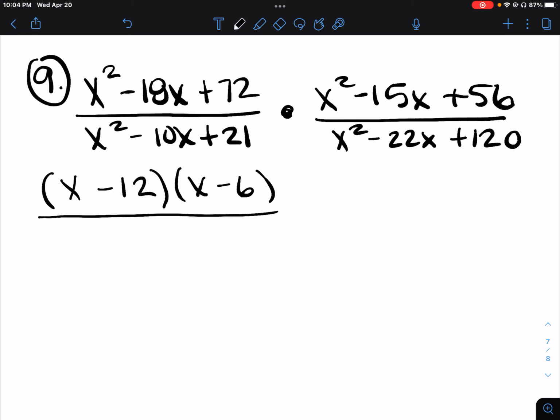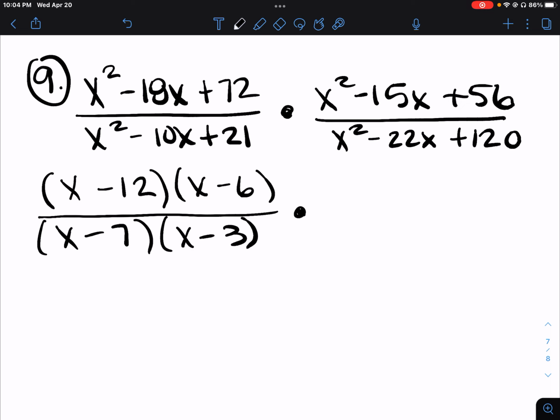Bottom left, multiply to positive 21 and add to negative 10 would be negative 7, negative 3. Okay, at that top right, we need to multiply to positive 56 and add to negative 15.